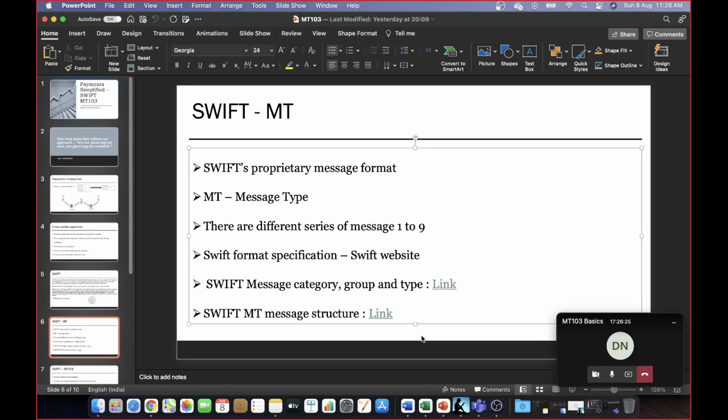You will have 5 blocks, out of which, if you have worked in a payments project, or if you have worked in operations, you know that you mostly try to modify or edit the details in the block 4. So block 4 is the most commonly edited, or the one that has to be understood well for general practical purposes.